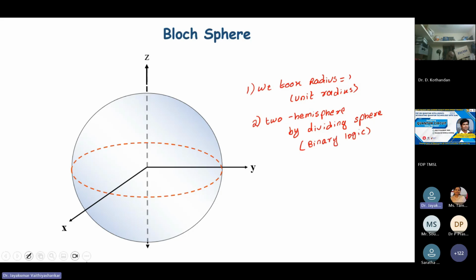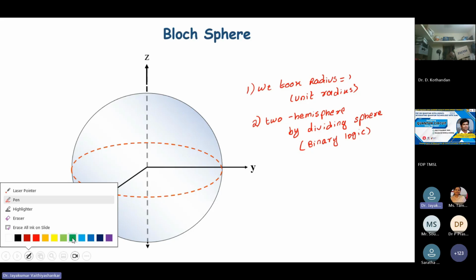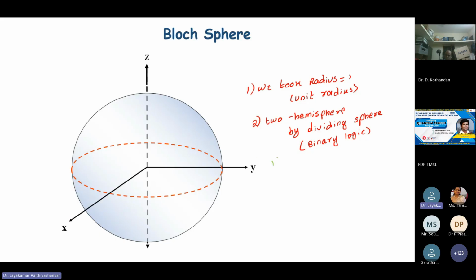Suppose you want to implement trinary logic. In such a case, you need to divide into 3 levels. So this is the beauty of quantum. You can increase up to n number of logic levels by dividing your sphere. In binary it is not possible; binary stands for only 2 levels, but in quantum you can increase the level up to n base.